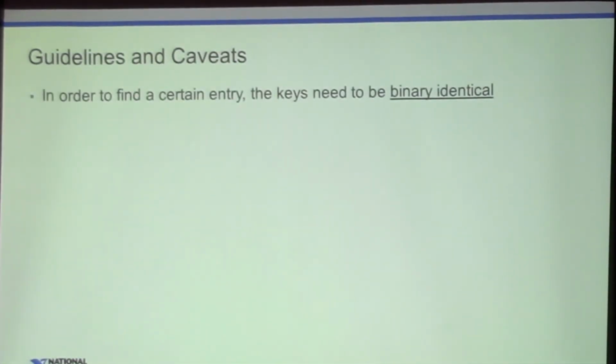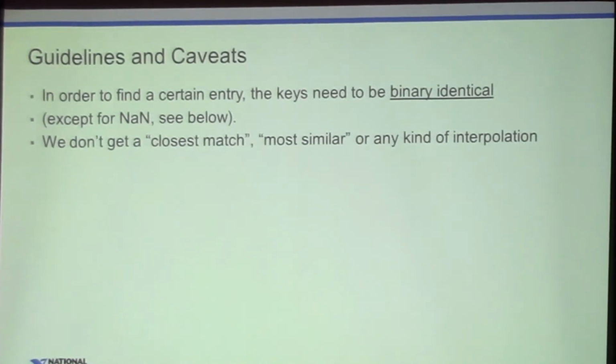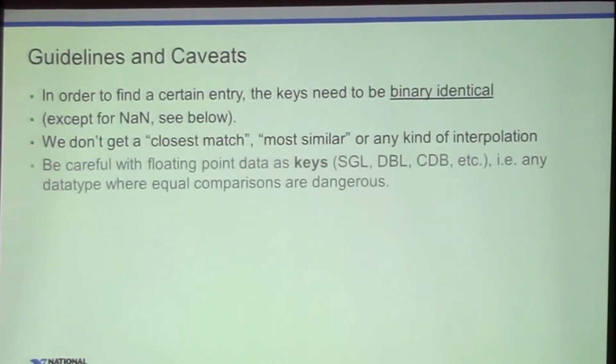So, guidelines. In order to find a certain entry, the keys need to be binary identical, with one exception. We don't get any closest match, we don't get any interpolation, or any of that. We can't say which entry is most similar to what I put in here if it's not found.